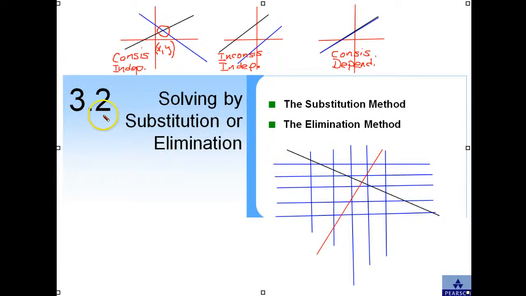To section 2 of chapter 3, a little quick review of what we've done in section 1. Now if we plot and graph one line and plot and graph the other line, this point of intersection is given as an ordered pair. This would be a solution for both the black equation and the blue equation.